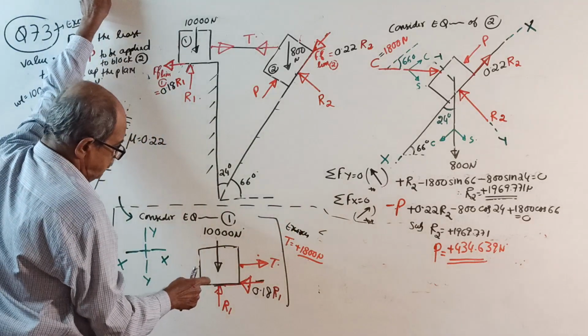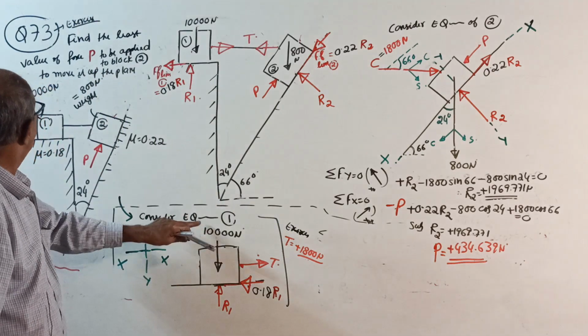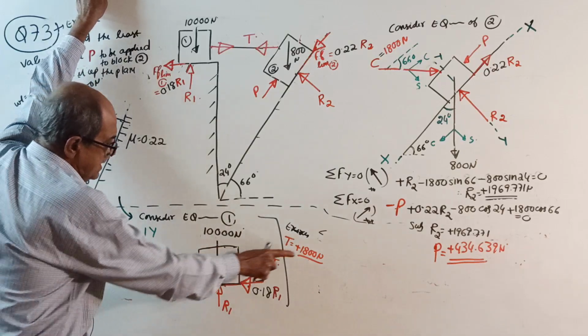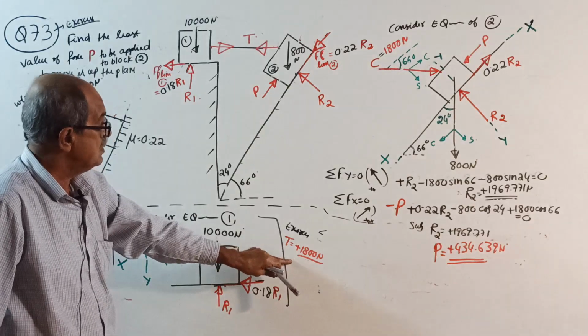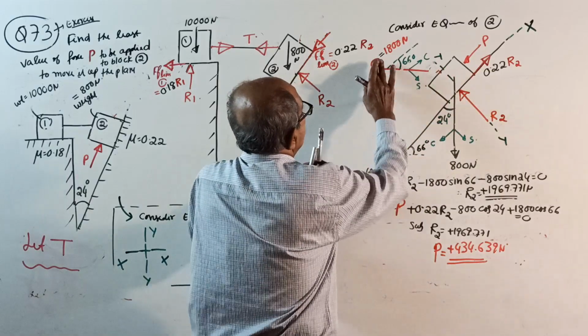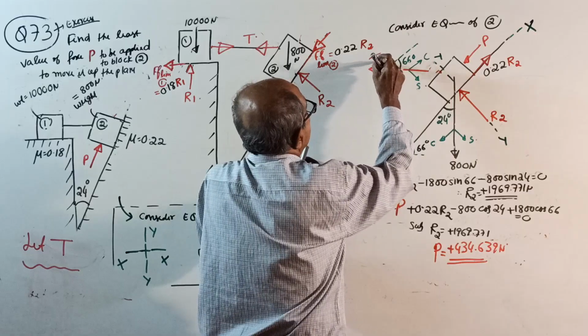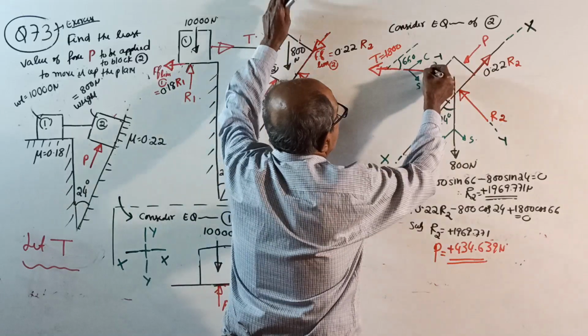Sigma Fy equal to 0: R1 minus 10,000 equal to 0. R1 will come 10,000. Then T minus 0.18 R1 equal to 0. T will come 1800. Now see, this is T, not C. T equal to 1800. Then sin and cos are the same.